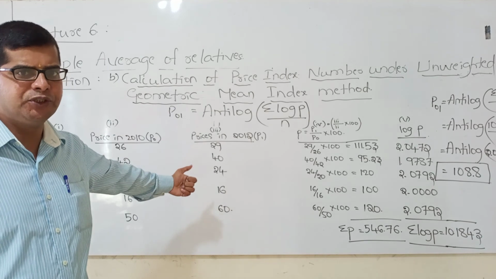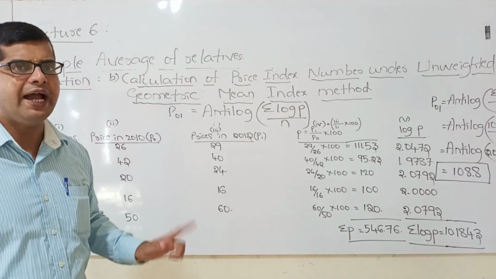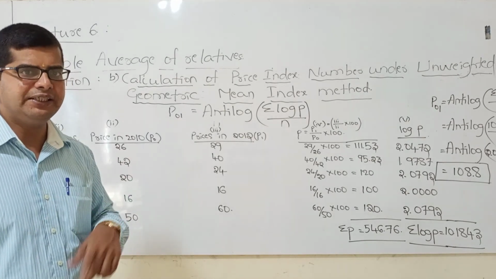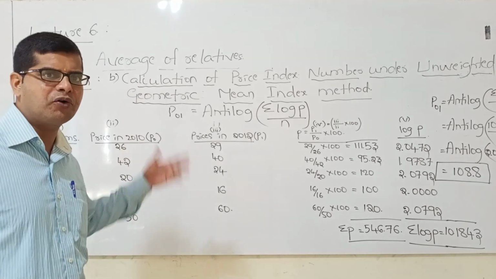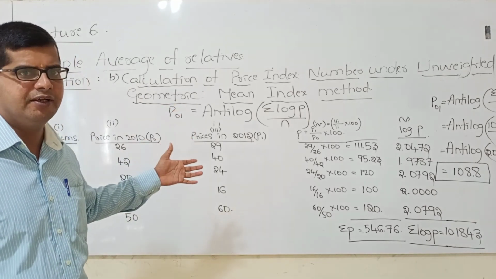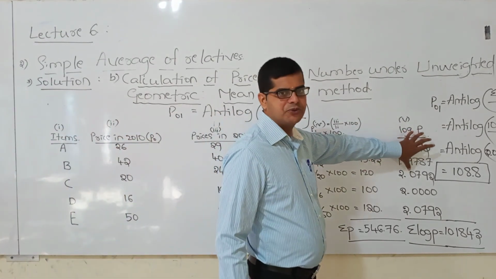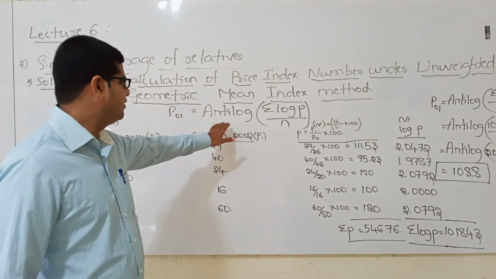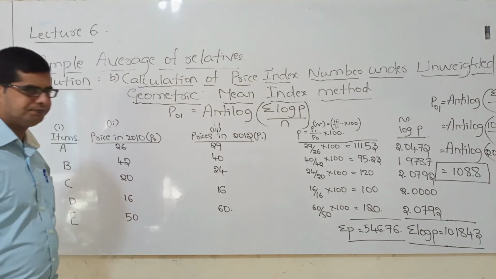Unweighted geometric mean index, P01 is equal to anti-log into bracket summation log P divided by n. Almost all the columns remain the same as what we prepared for the first method, but we have taken one more column, column number 5, just to get log P, because log P is the base for this formula.